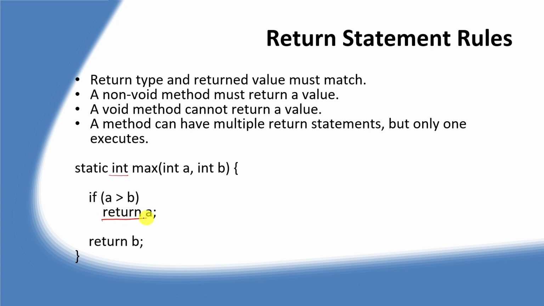Every return statement must match. The data type of A and B should match this return type. The data types of A and B are integer, so it matches. This will be verified by Java, and multiple return statements are allowed. How is it allowed?